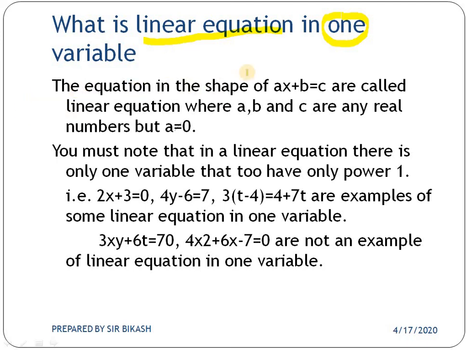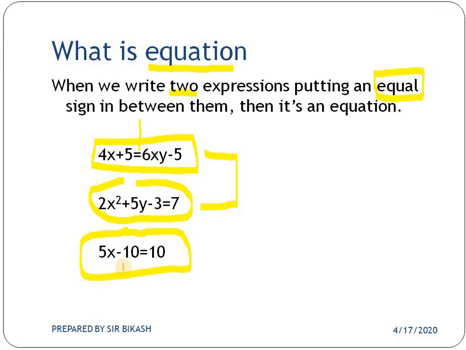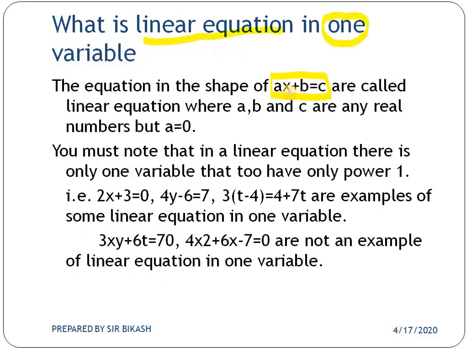The equation in the shape of ax plus b equals c. Perhaps you noticed in our previous slide, 5x minus 10 equals 10. Doesn't it look like ax plus b equals c?